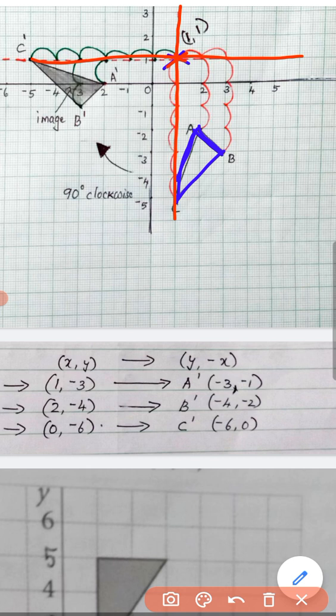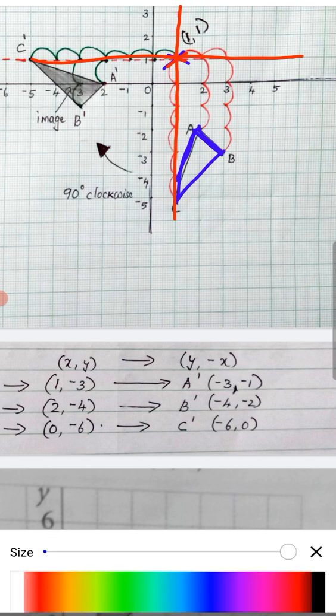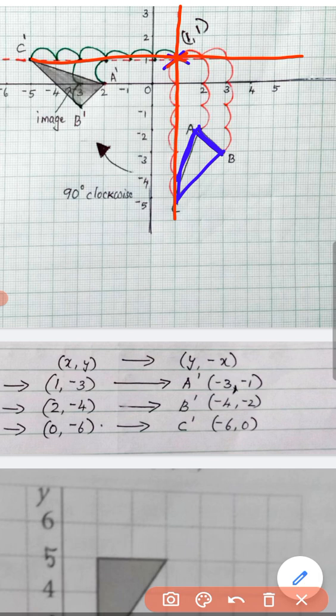Now, using this new x-axis and y-axis, find the coordinates of A, B and C. Imagine this is our origin. Using this origin, we have to find the coordinates of A, B and C, not the original coordinates, children.